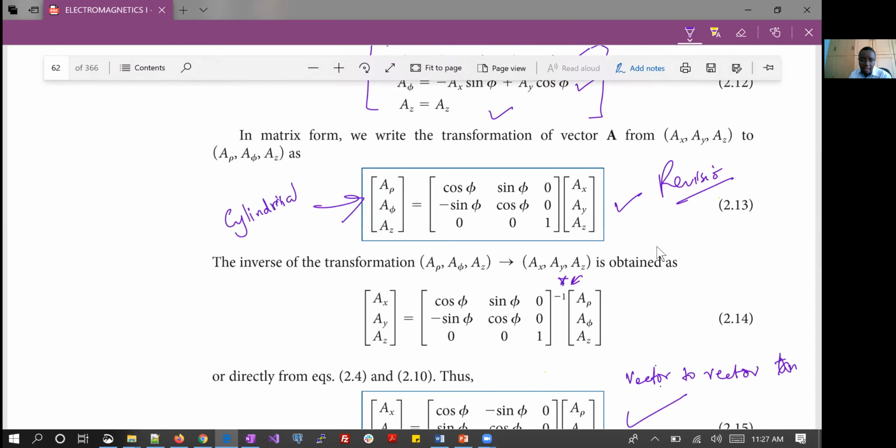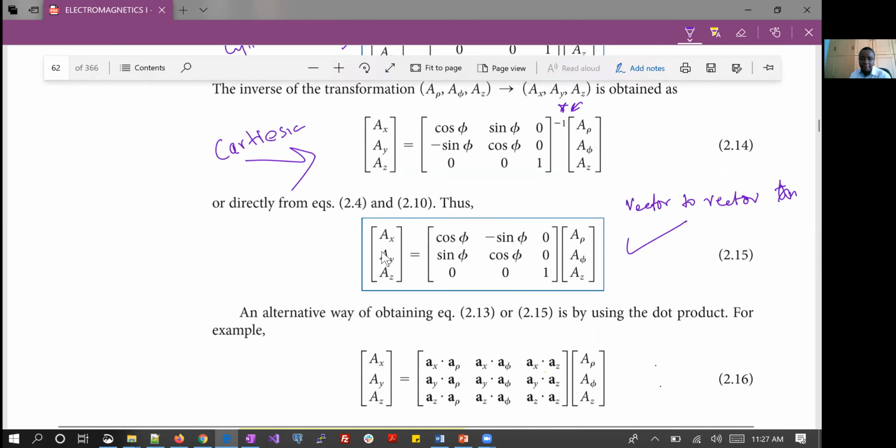And now you can get the Cartesian form from the reverse of what we have done in terms of A rho and A phi. We are not going to do that. And that gives you vector to vector transformation of a vector from Cartesian to cylindrical and from cylindrical to Cartesian. So this is something you can do without blinking an eyelid.